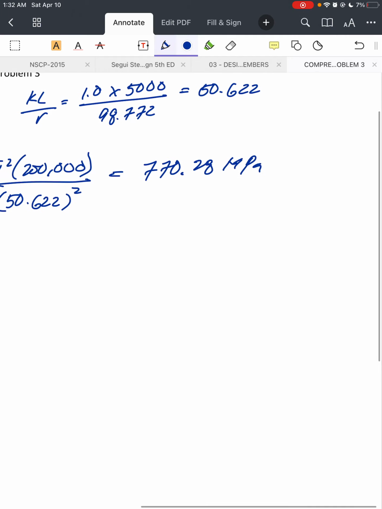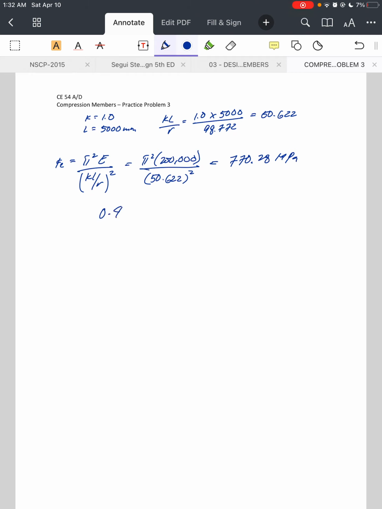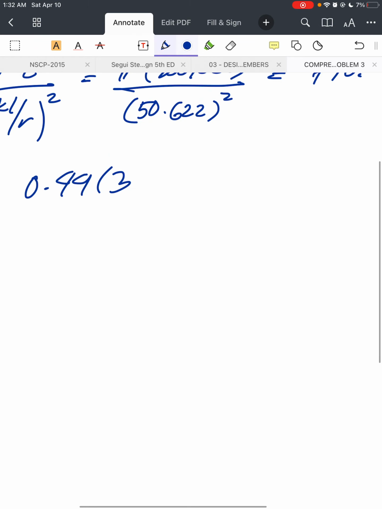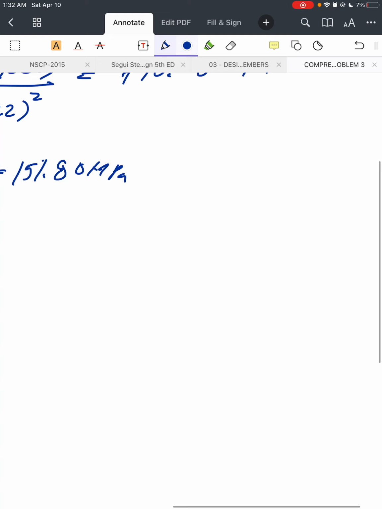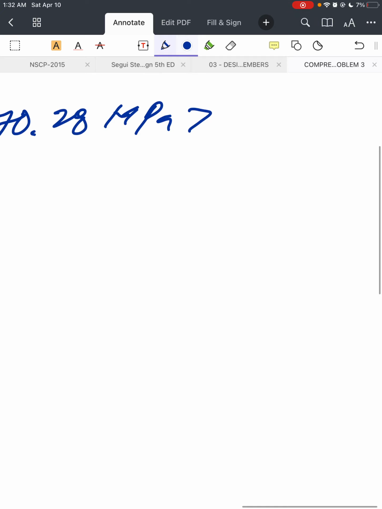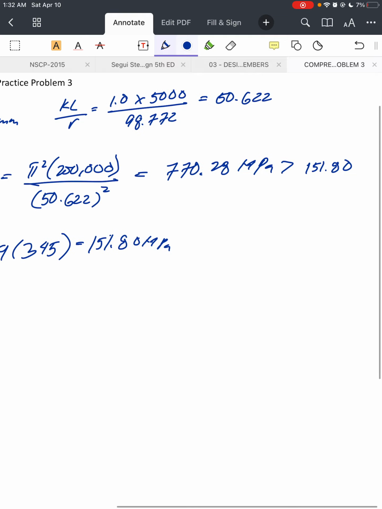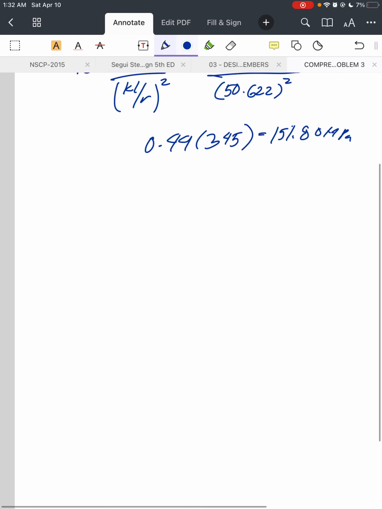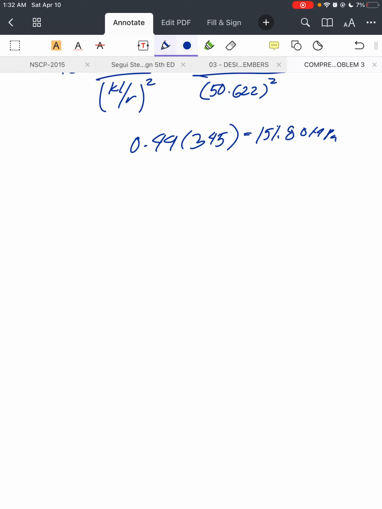Comparing this to 0.44 times 345, which is 151.80, this is obviously greater than 151.80. Therefore, the critical stress is based on the formula for inelastic buckling.